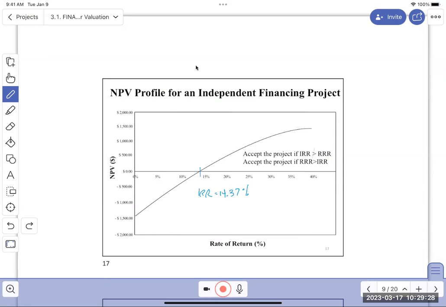Okay, so this is all based on the NPV, and the NPV rule will always give us the right answer, right? So where is NPV positive on the NPV profile?